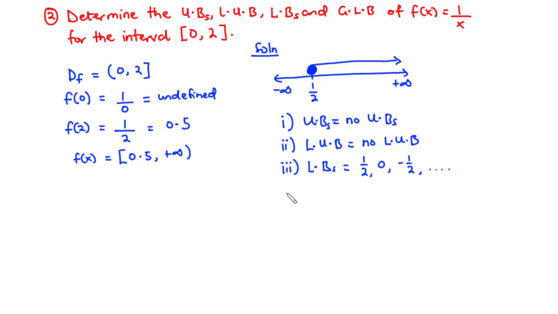And out of these lower bounds, the greatest of them is half. Now, since the function f of x, which is equal to 1 over x, is only bounded below and not above, it follows that f of x is not a bounded function.